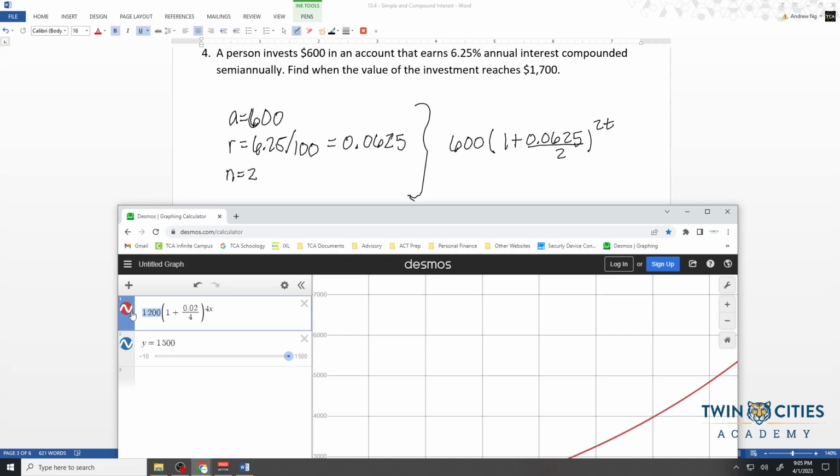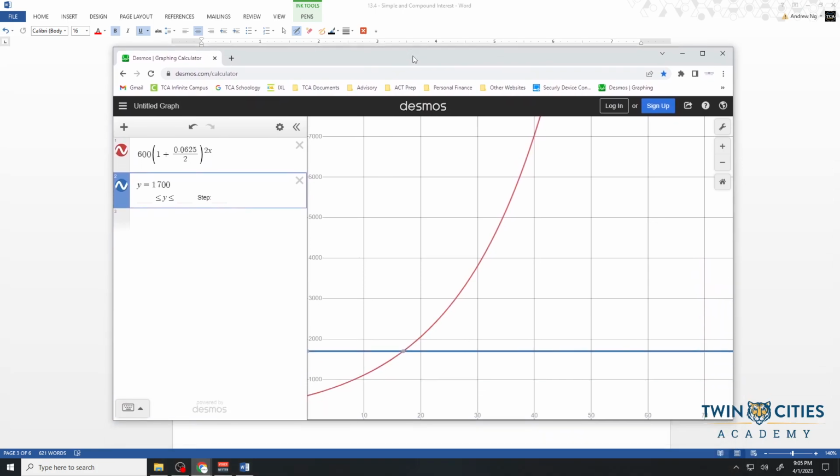This is going to be 600 times 1 plus 0.0625 over 2 to the 2 times t, or 2 times x here in our graph. And I want to know, when is this going to reach 1,700? Okay, so this is 16.922. That's close enough to 17. Let's call this 17 years, roughly.